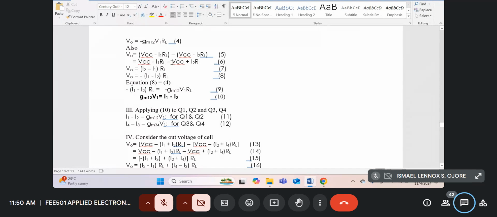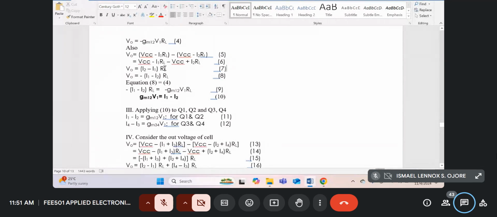So the VCCs will cancel. I'll remain with a positive I2 RL and negative I1 RL. So we can combine them and write them in the form of I2 minus I1 RL. That's equation 7.